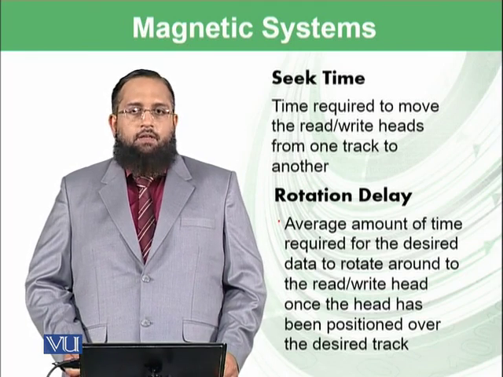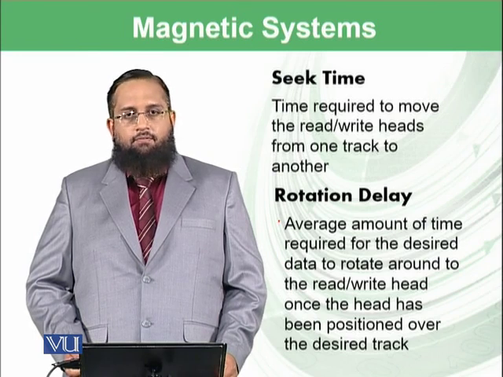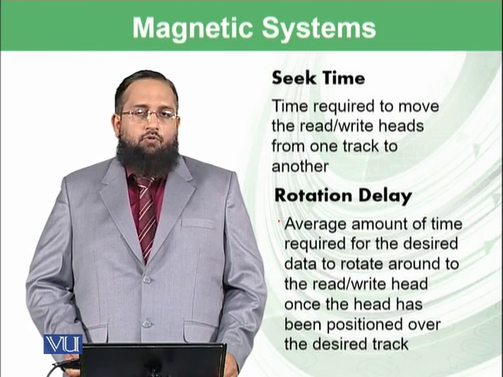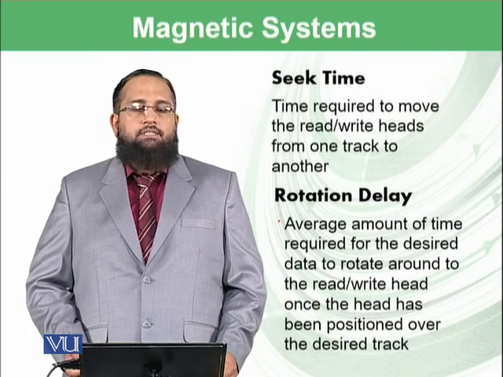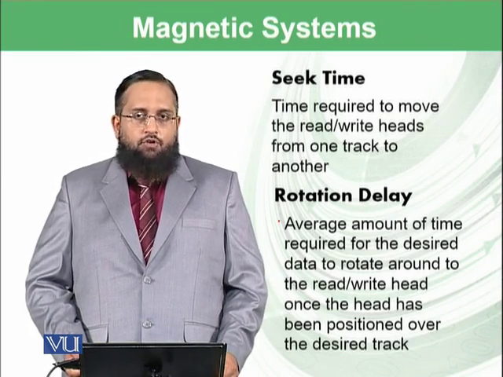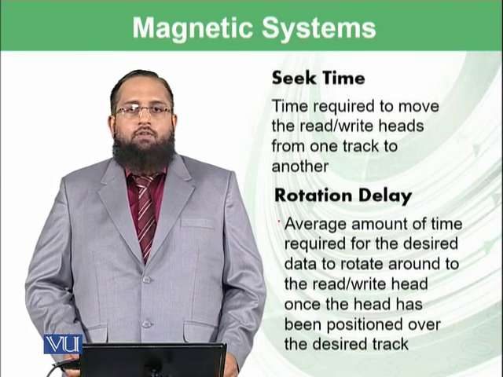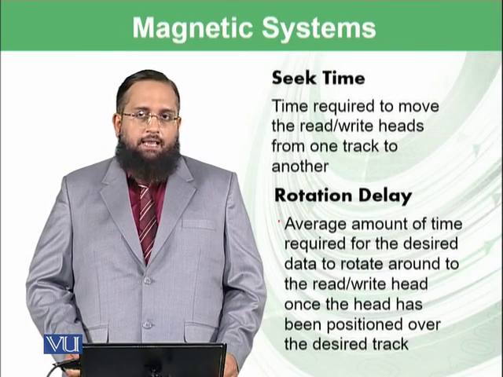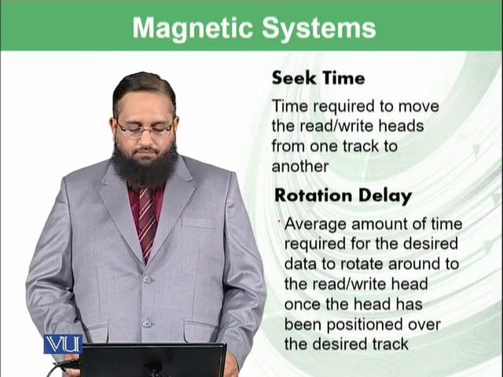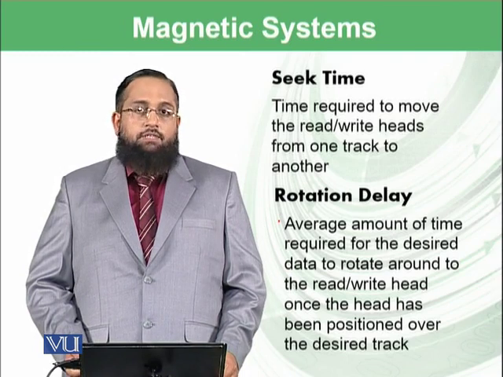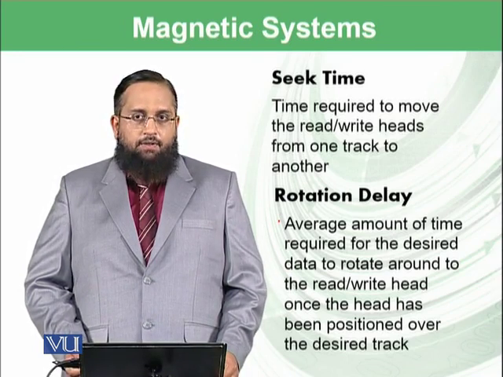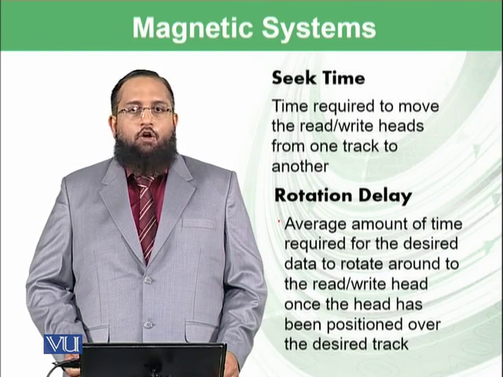For example, you are reading data from one track and there is a command to read other data which is on another track. So the time required to move the read-write head to that track is known as seek time. That is noted, and of course that should be less if the disk is considered good.